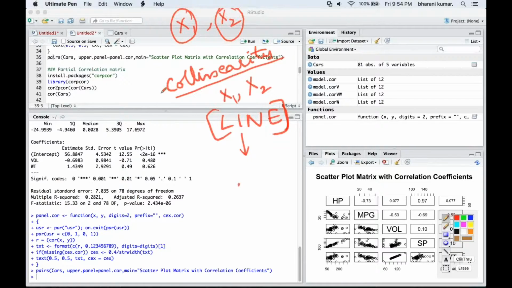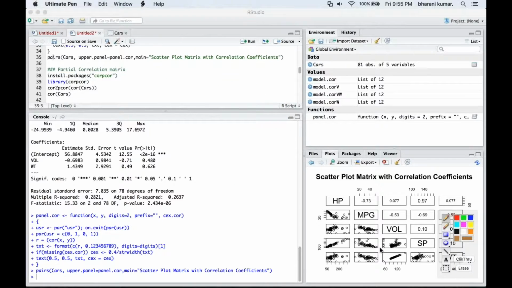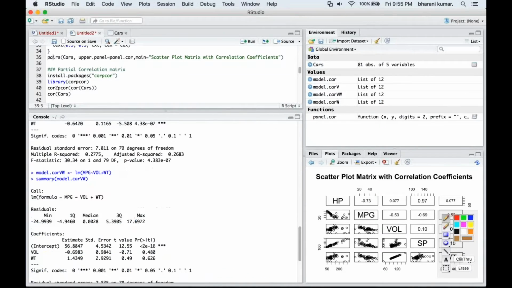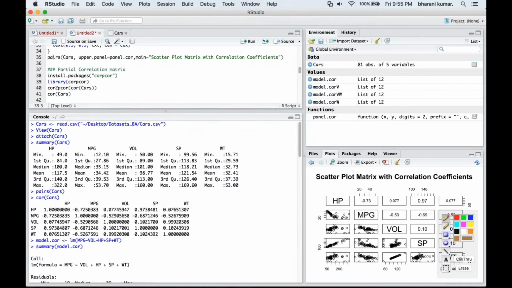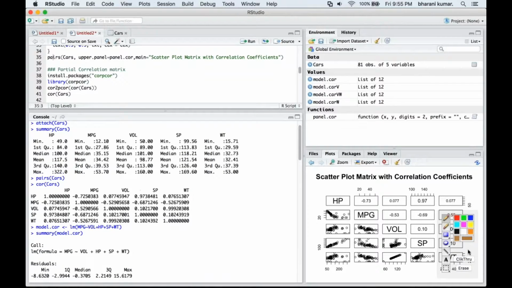So what we are trying to do here is we are also looking into something called as partial correlation matrix. There is correlation matrix which we have drawn, but here what happens is, take example of this value. This is the correlation between weight and volume.